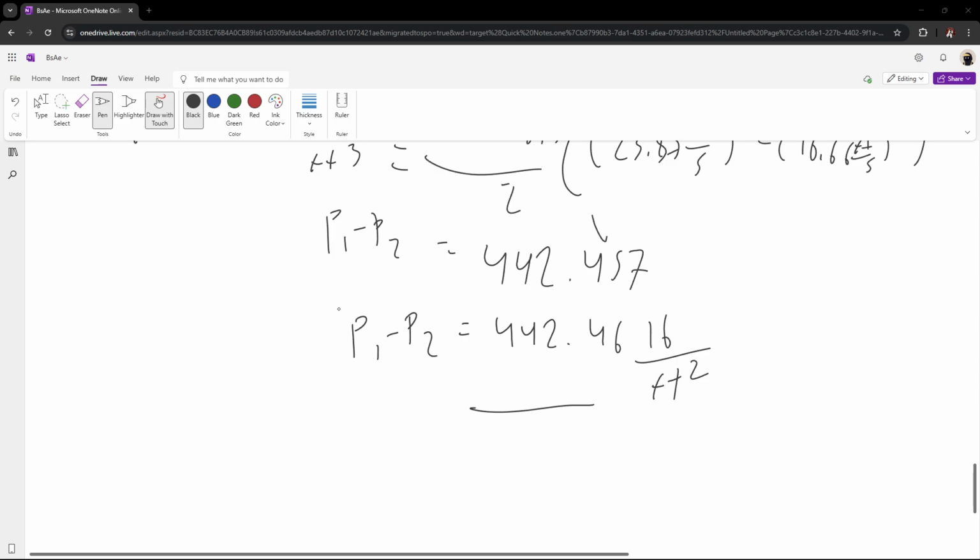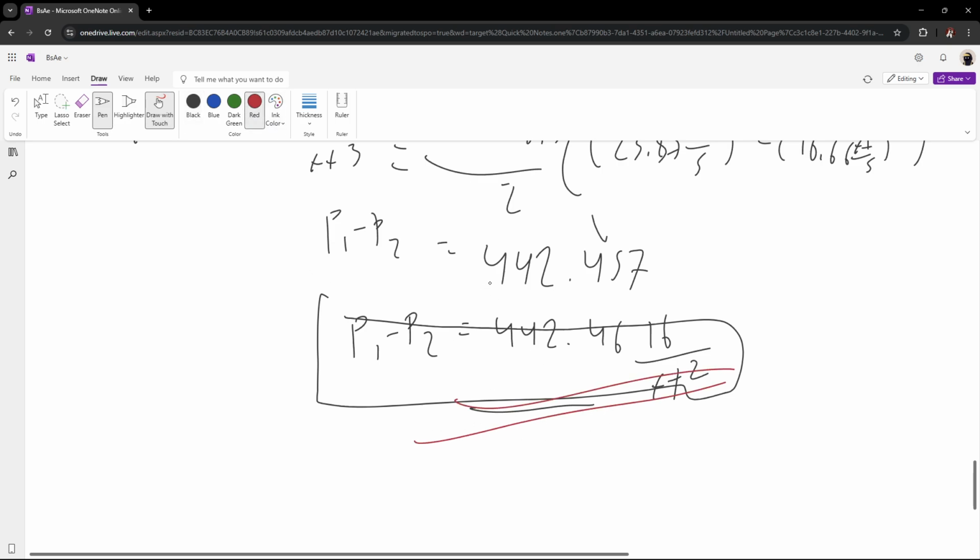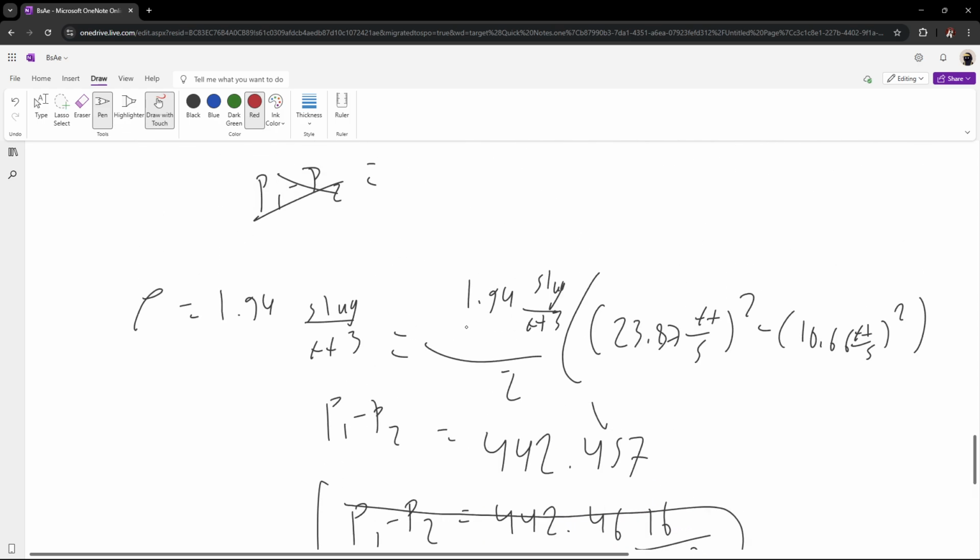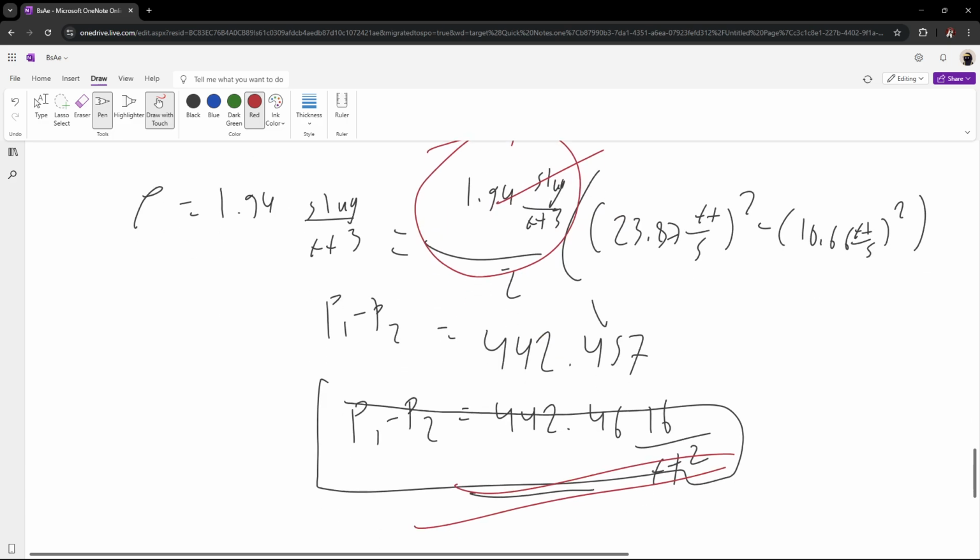Yeah, that's the general gist of it. There's slight deviation from the density of water, especially in this part. Though, use the slug per foot cubed. I personally used 1.94.